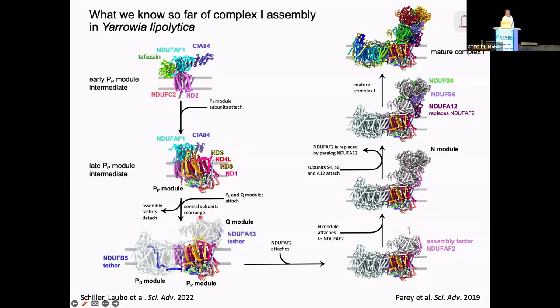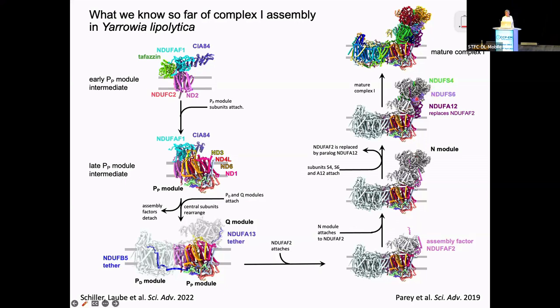So now to complete the story of the assembly, I think that the AF1 subunit will bind to this first assembly intermediate, then bind the N module to this C-terminal tail.